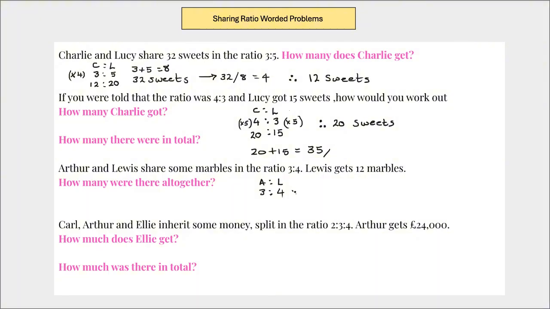What did we do? We times that by 3. So Lewis got to 12, so we'll do the same to this side. It has to be the same. 3 times 3 is 9. And it's asking how many were there together. Well, it's simple, isn't it? 12 plus 9 equals 21 marbles.